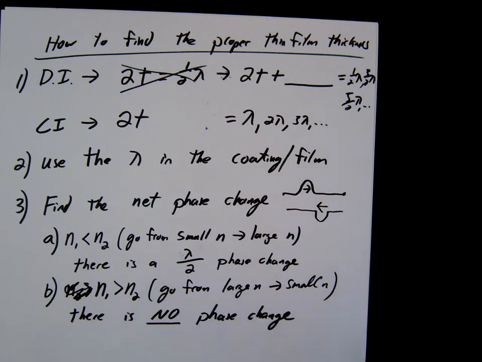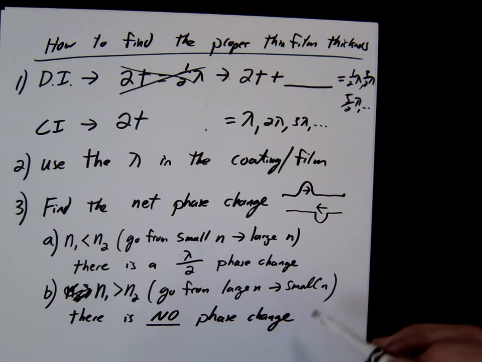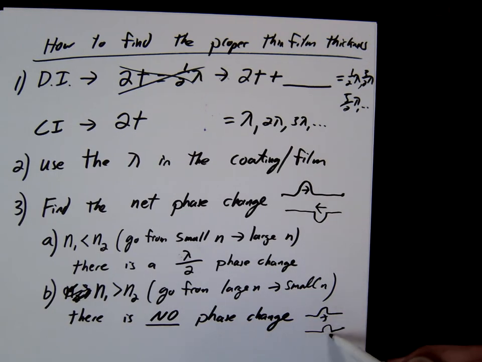So if you go from a large n to a small n, there's no phase change. So in other words, the crest would just come down and it would stay a crest. So it would just kind of go like this and reflect back like this. No phase change at all.